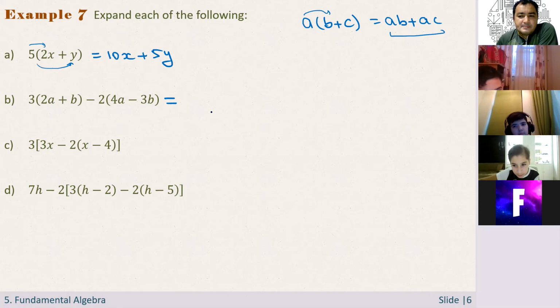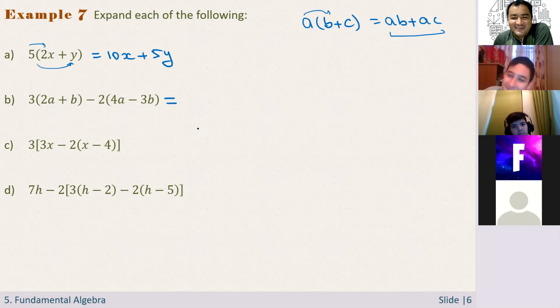Sorry, sir. Ali, where were you? My internet was lagging. I was answering, but I was muted. Okay, okay, Ali, come on. Let's answer this question. You have to expand it and simplify quickly.